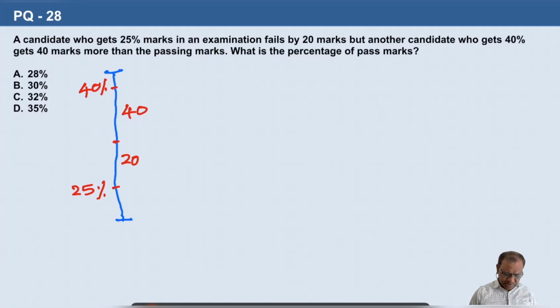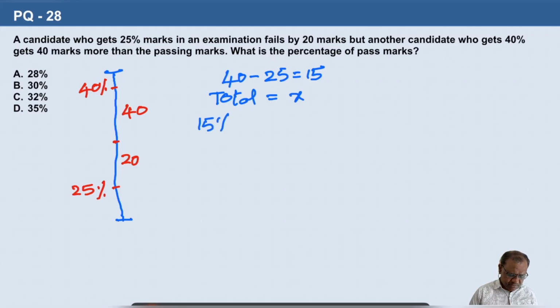So the difference between 40% and 25% is 15%. 40 minus 25 is 15. So here also let us assume the total marks as x. So 15% of x is 40 plus 20, that is 60.